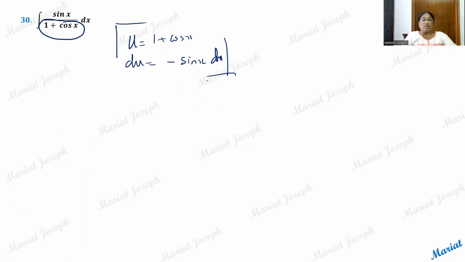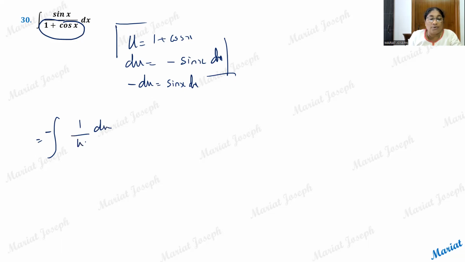Minus sin x is the derivative of cos x. But we have there sin x dx. Therefore, minus du equal to sin x dx. Therefore, the integration is changed into minus du and 1 upon u. Integral of 1 upon u is log u, so minus log u plus c.